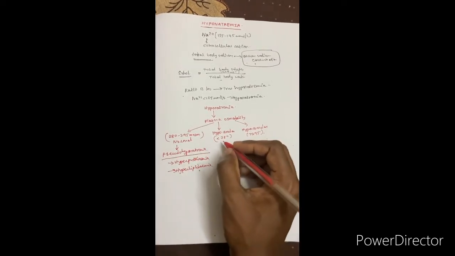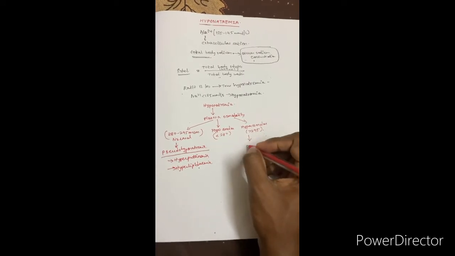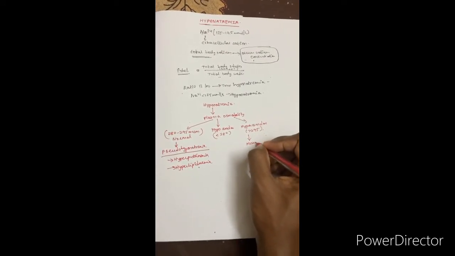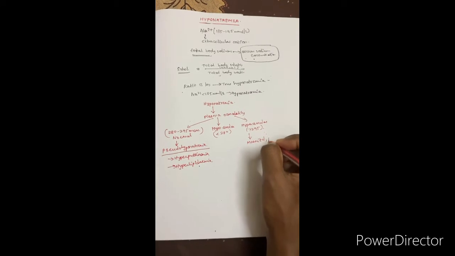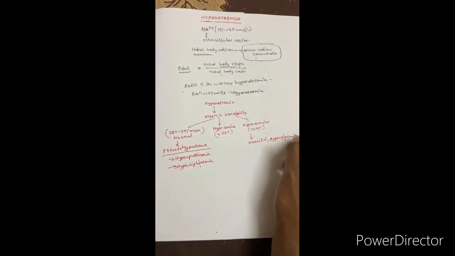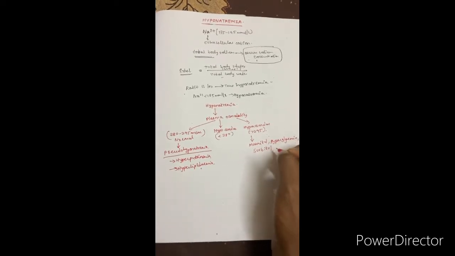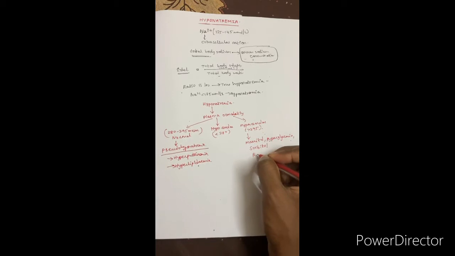Whereas with hyperosmolar hyponatremia, suppose the patient is a neurosurgical patient getting mannitol, or a non-diabetic patient having hyperglycemia, or getting sorbitol, or radio contrast agents.